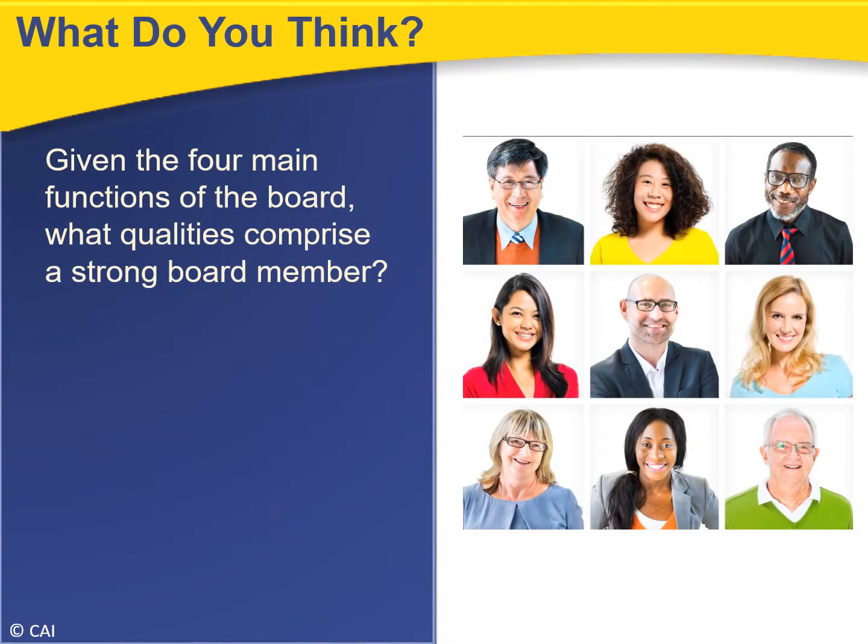Given the 4 main functions of the board, what qualities comprise a strong board member? CAI leaders list the following characteristics as most important in a recent survey: good character, strong integrity, calm judgment, willingness to serve, committed to the best interest of the community as a whole, relevant experience or background, previous volunteer experience, and strong people skills.